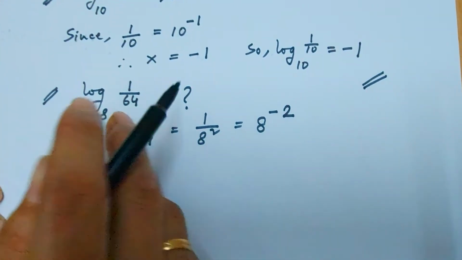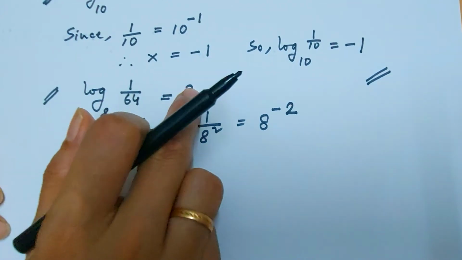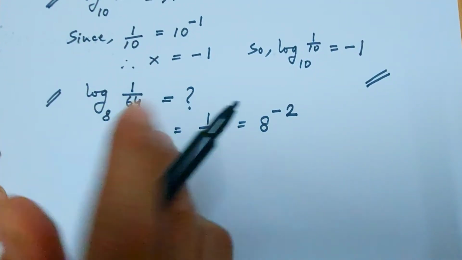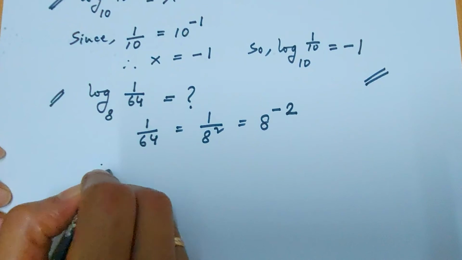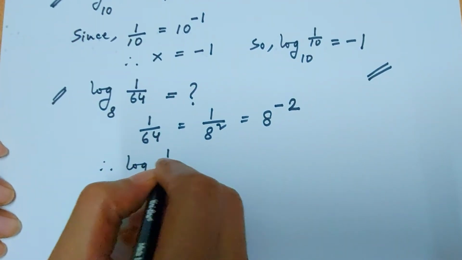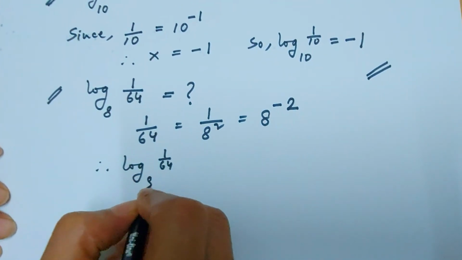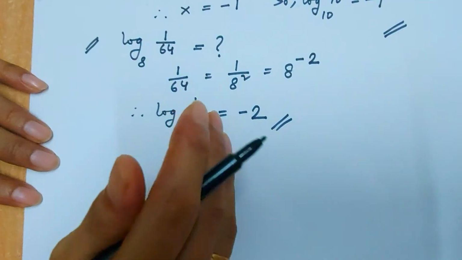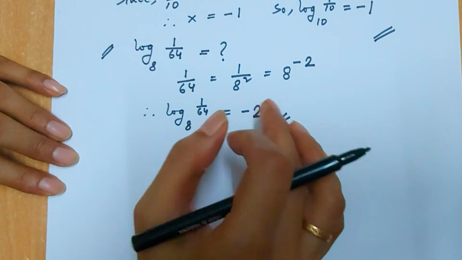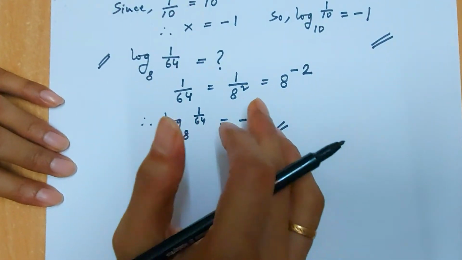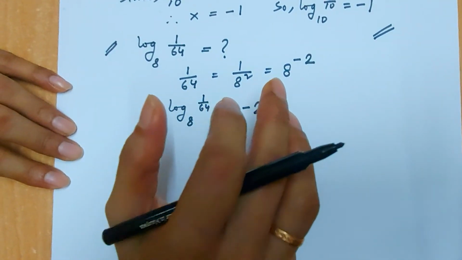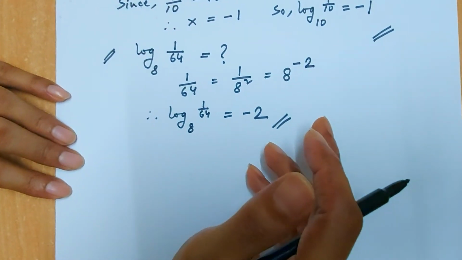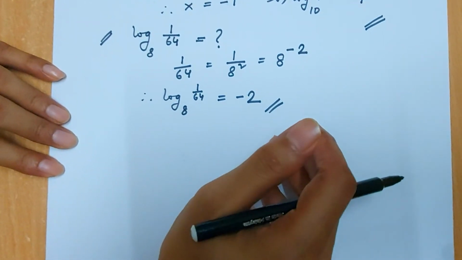So 8 is the base raised to negative 2 to get 1 over 64. That's why log of 1 over 64 to the base 8 equal to negative 2. You see, log is following the indices rules. That's why I mentioned that you have to cover indices properly to get across the log.